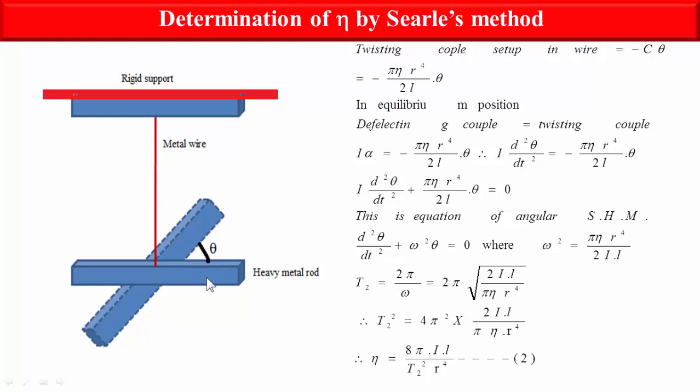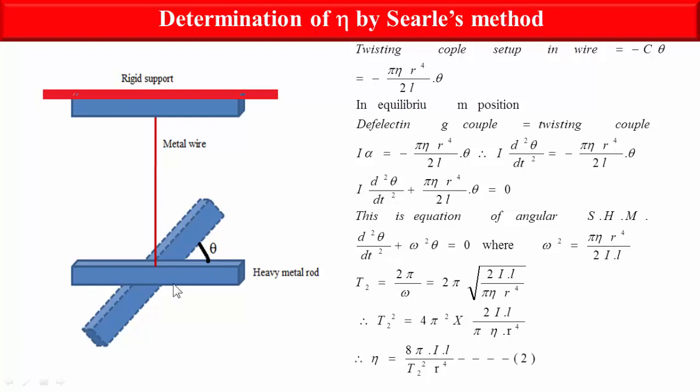Now we twist or rotate this heavy metal rod through angle theta, and we produce a twist in the metal wire. When we release the heavy metal rod, due to the restoring torque developed in the metal wire, the system will try to restore its equilibrium position.